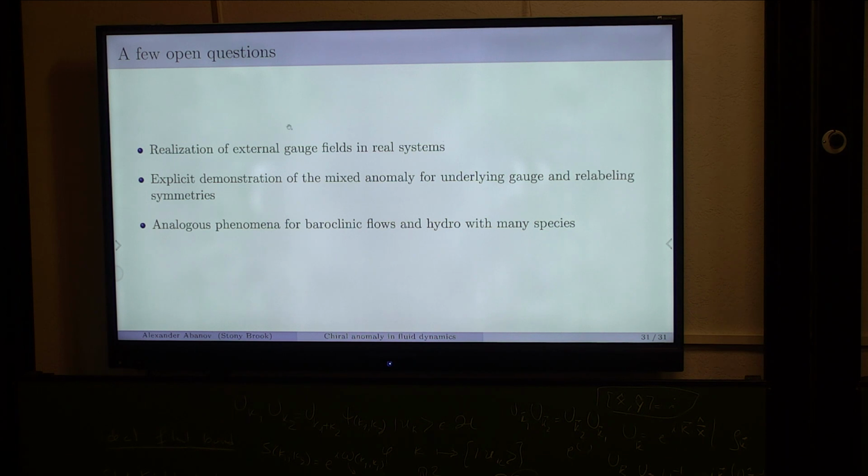The realization of the axial gauge field is a little bit more complicated, but I would suggest two ways to think about it. One is that you actually can realize those in a model system. For example, if you take what is known as Weyl semimetals, and if you assume that there is some regime where those Weyl electrons behave as a fluid, which is non-trivial because you always have impurity scattering and you need to get into the hydrodynamic regime.